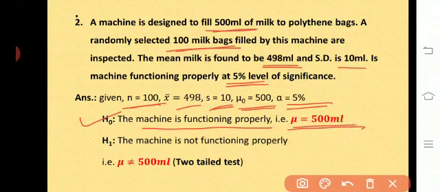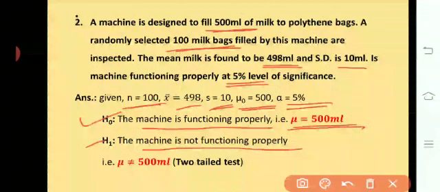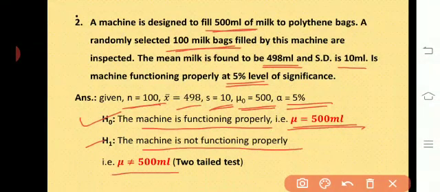Against the alternative hypothesis, here we have to test whether the average milk content in the polythene bags is less than 500 or greater than 500. So the alternative hypothesis is the machine is not functioning properly, that is, mu is not equal to 500 ml, and since it is not equal to, it is a two-tailed test.